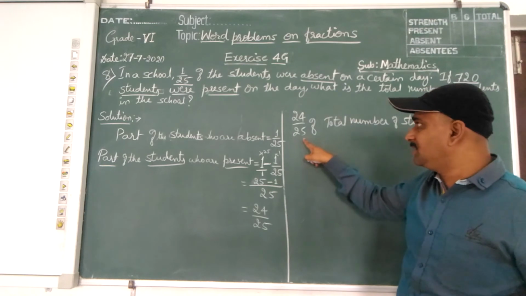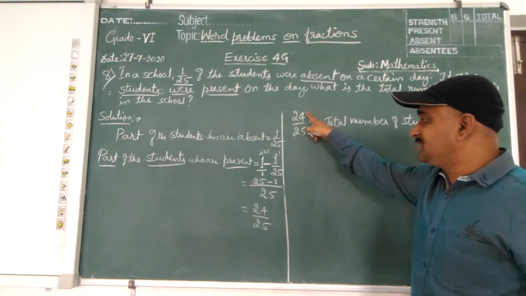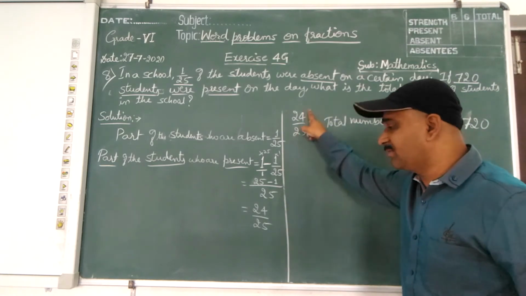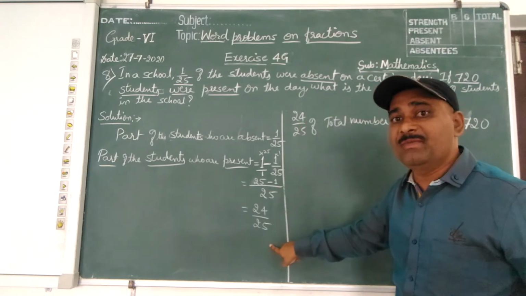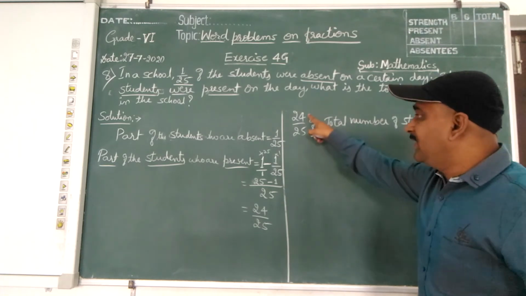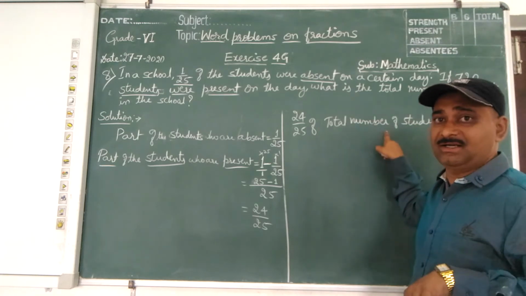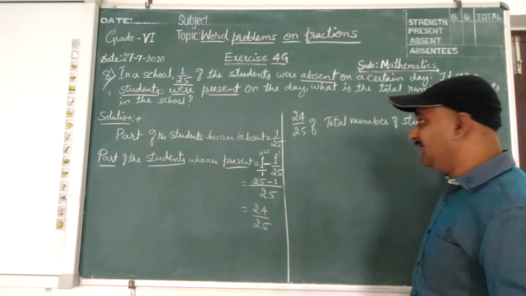Because this is a part, how many are present? 24 by 25 part of the total children means 720.